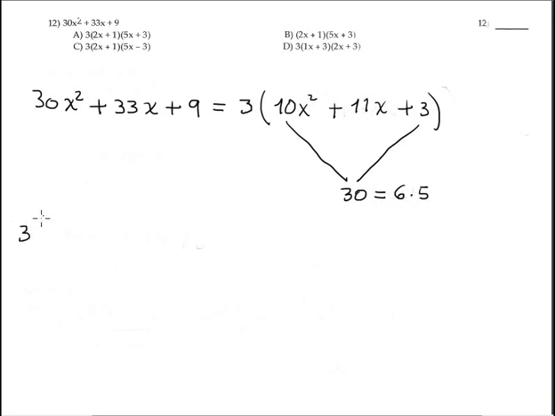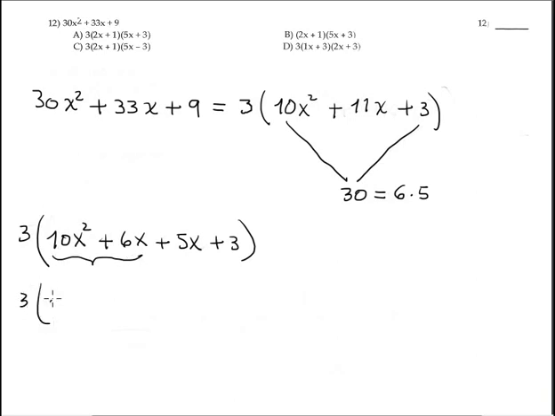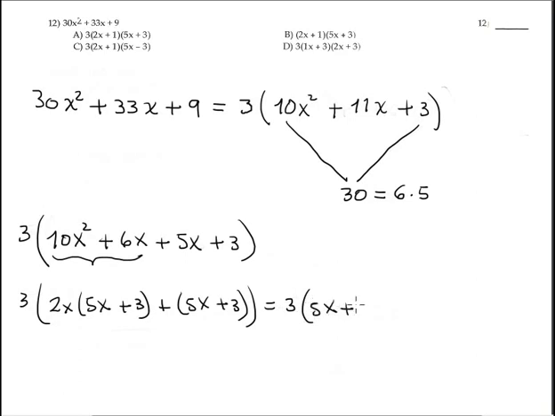So far I copied 3, 10x squared. I split 11 using 6 and 5. Now factorization by grouping. Okay, 3 parentheses, the greatest common factor here is 2x. We have 5x plus 3, plus 5x plus 3, and 3 times (5x plus 3).